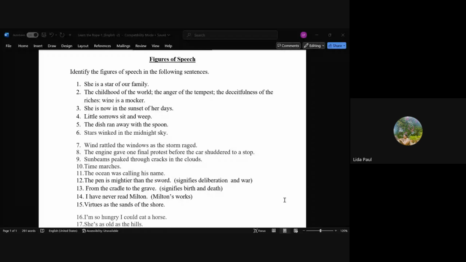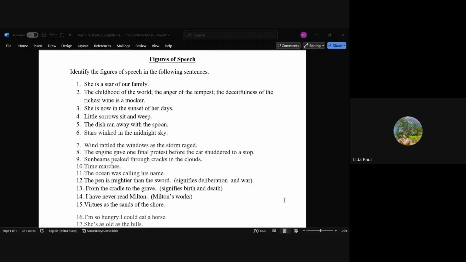Seventh one, wind rattled the windows as the storm raged. So you have rattled and you also have raged. What are they associated with? Wind and windows, and the storm. Yeah, wind and storm, which are given sort of an agentive role, right?